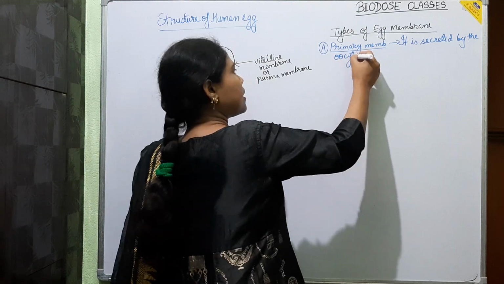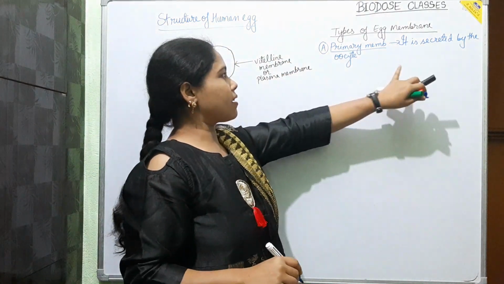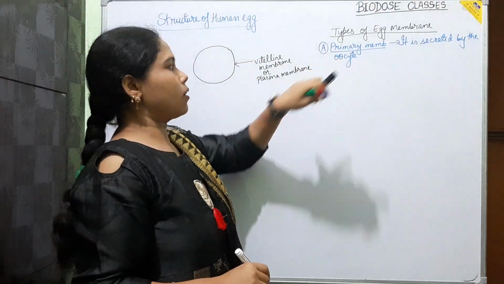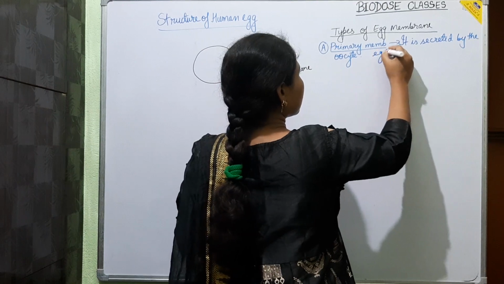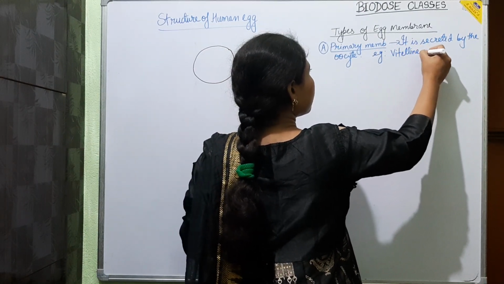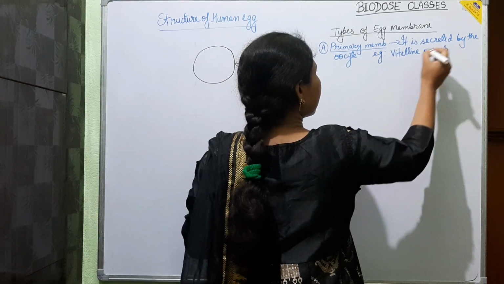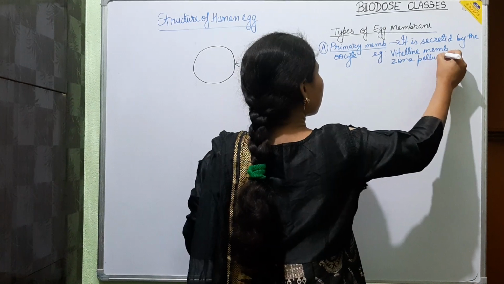Those membranes secreted by the oocyte are termed primary membrane, and we have two examples. First is obviously the vitelline membrane, and second is known as zona pellucida.